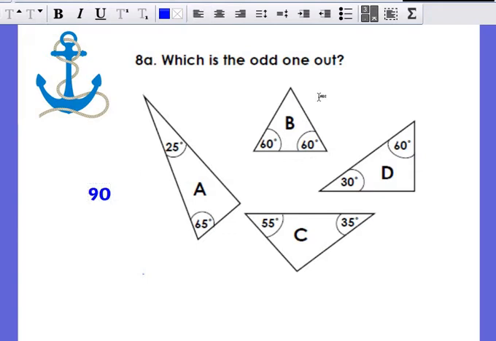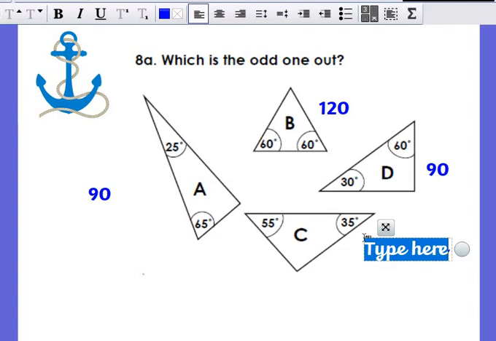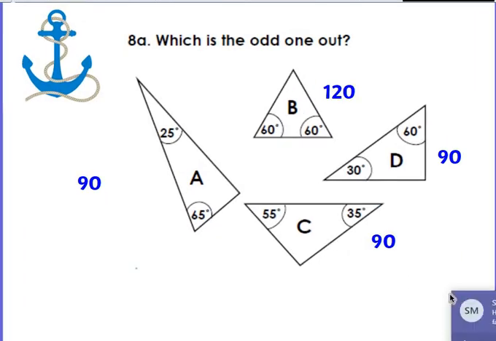Here is 120, here 60 and 30, 90, and then 35 and 55 is 90. So straight away I can see B is out because they have 120 degrees, not 90.